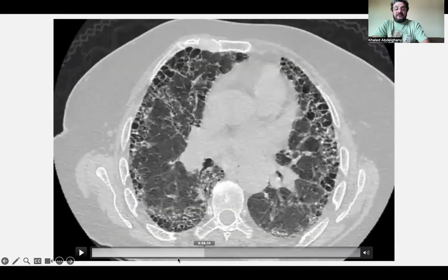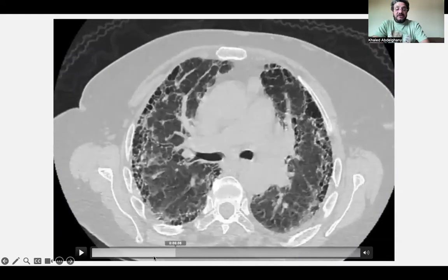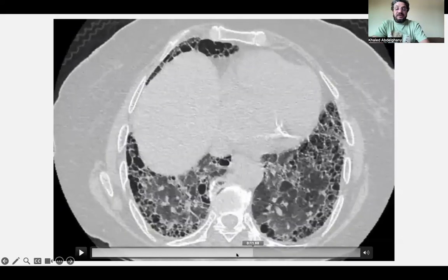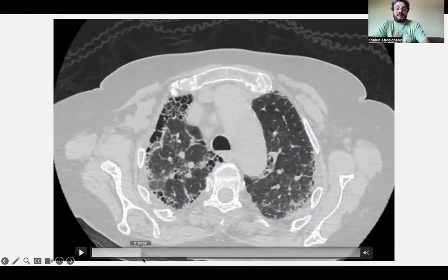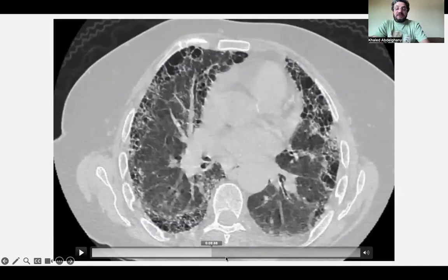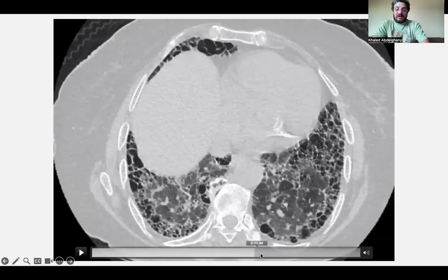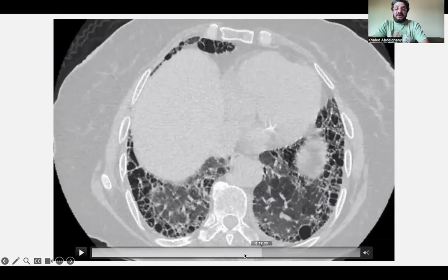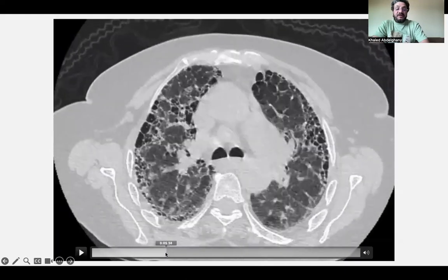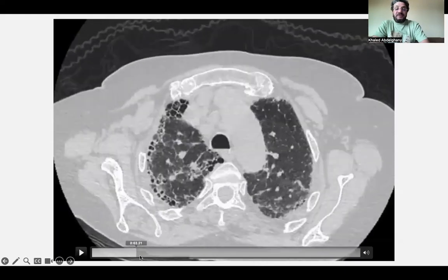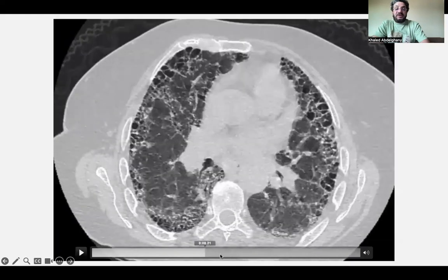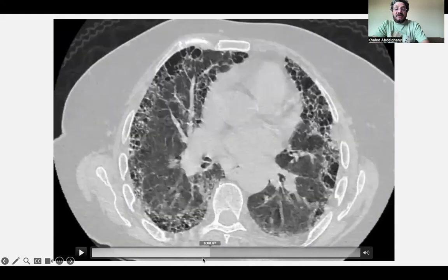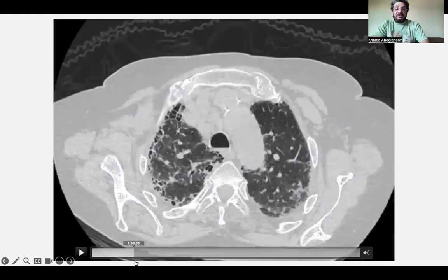And if a differential is added by the radiologist, that means that he wastes the value of his report, and the pulmonologist will not be happy for that, and he will take a second opinion. So please bear in mind that typical UIP has no differential diagnosis if you are confident in the findings and there are no features of alternative diagnosis, as we discussed now together.